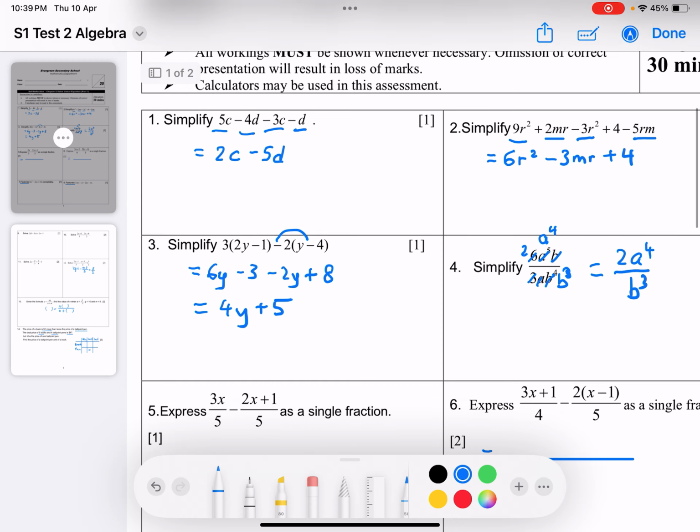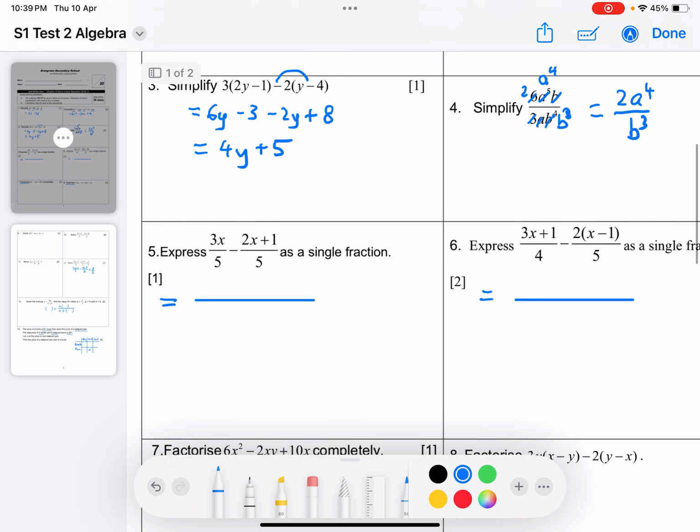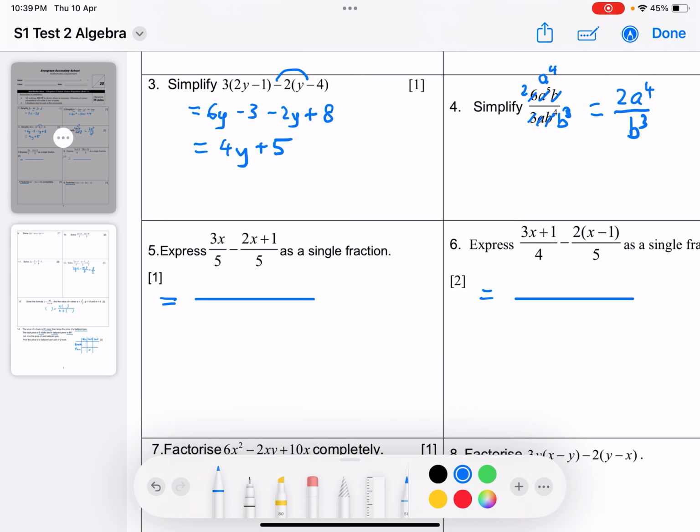Now we move on to the next sum. This is fractions, and when we have the same denominator, we can put everything under the same denominator. Then the numerator, we have 3x minus bracket 2x plus 1. We must bracket the whole expression because we are subtracting the whole thing.